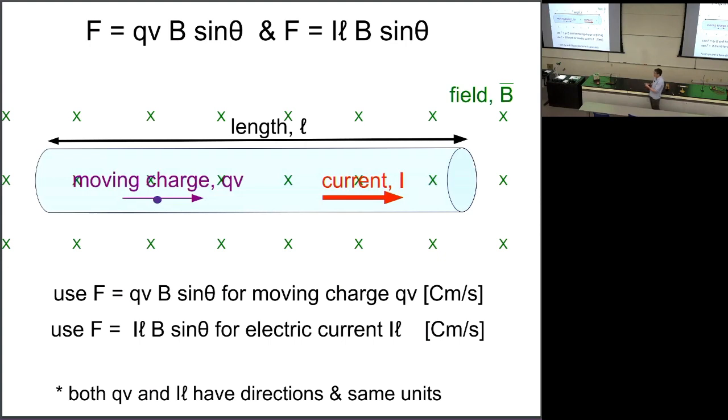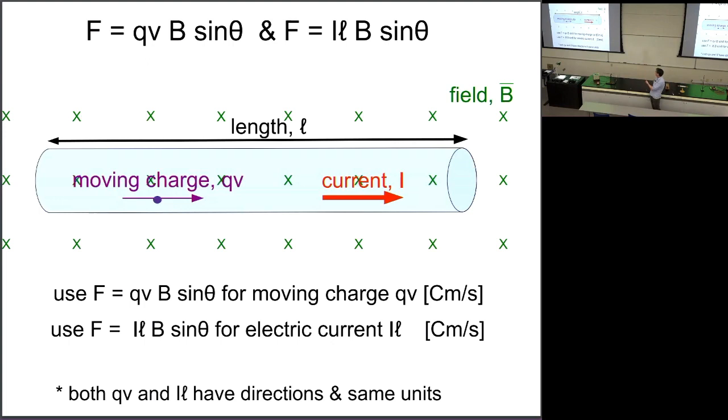This wire has charges moving along the wire. There's just two different ways of thinking about the flow of the charge, the motion of the charge down the wire: in terms of individual moving charged particles where they would have some charge and some velocity, or in terms of the current itself, the number of coulombs per second down the wire. So this equation that we met last class, we could apply to this particular charge moving in this particular field to figure out the magnetic force that it individually experiences.